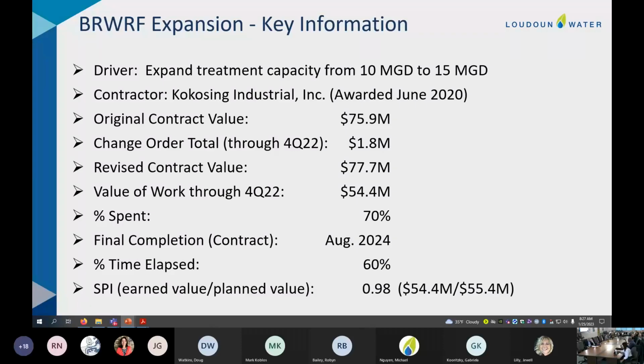So if we were to change the time elapsed to the substantial completion date, it would be closer to 70%. It's just that in the time from substantial to final completion, you remain at 100% spent. Yeah, that's the punch list time and the closeout time of the project.